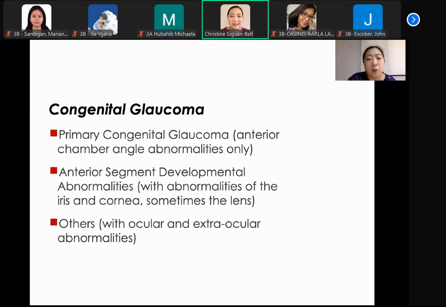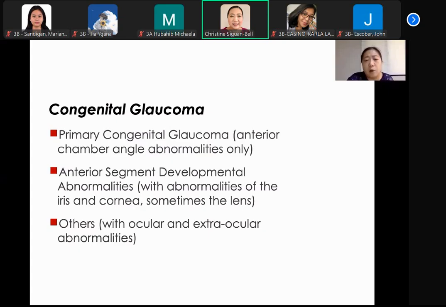Let's go to congenital glaucoma. It's a primary congenital glaucoma. It could be due to anterior chamber angle anomalies only, or could be due to anterior segment developmental anomalies. Meaning there are other problems in your iris, in your cornea, with the lens.